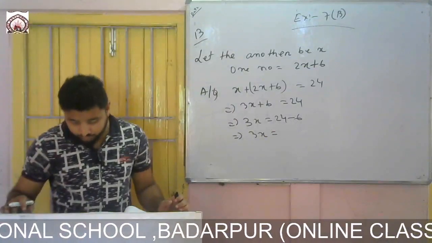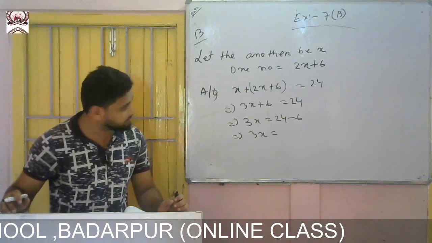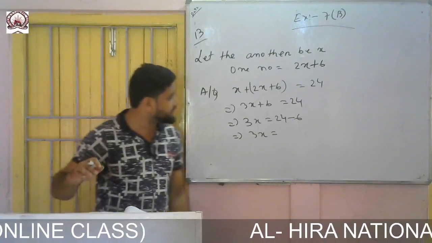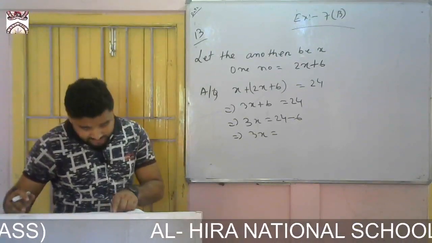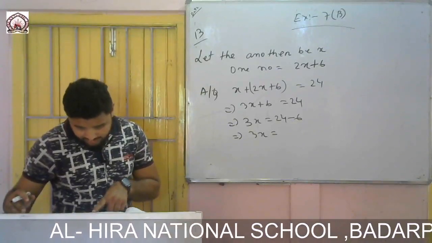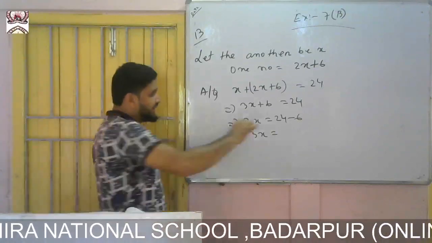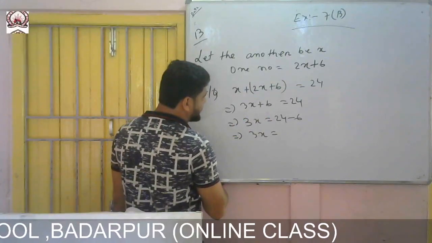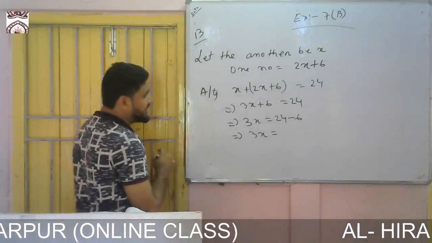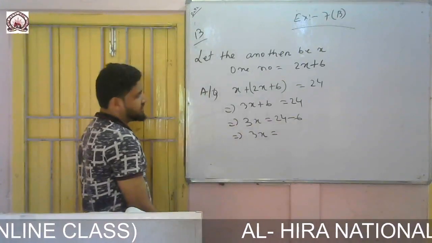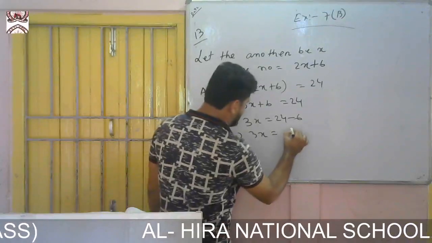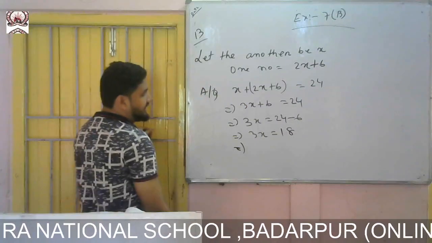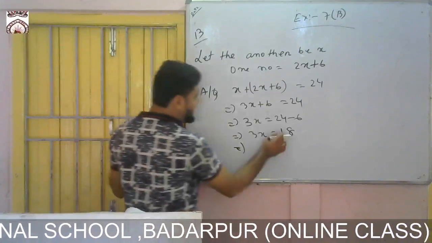Twice x plus 6, it will be 24. So thrice x is 24 minus 6. 18. 14 minus 6 is 8, and 1 remains, 18.